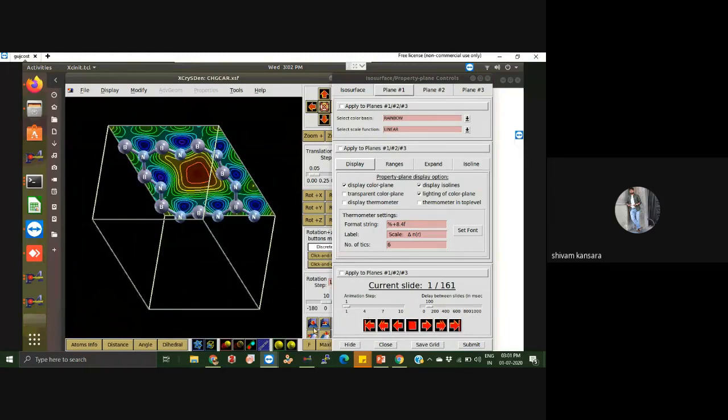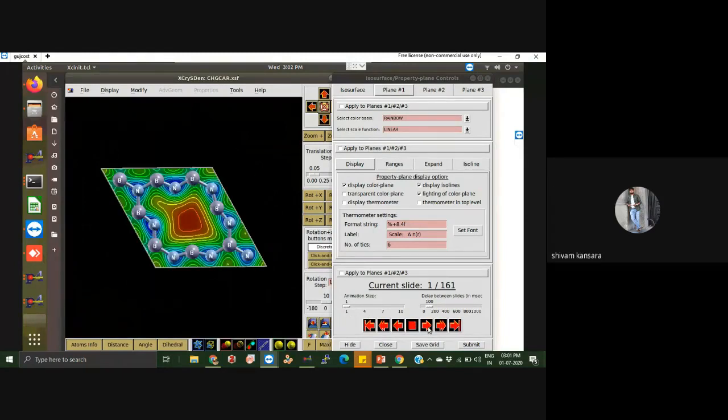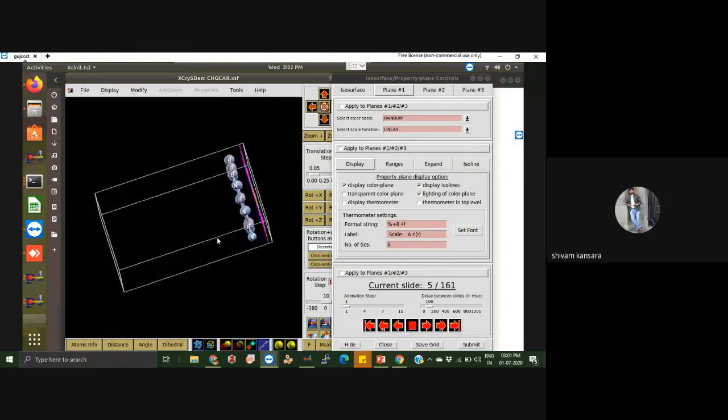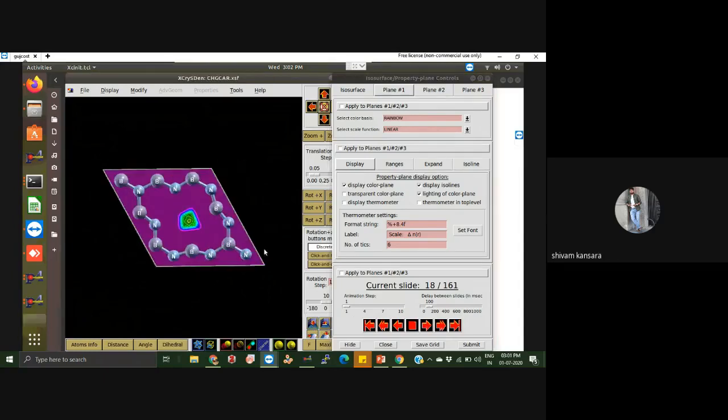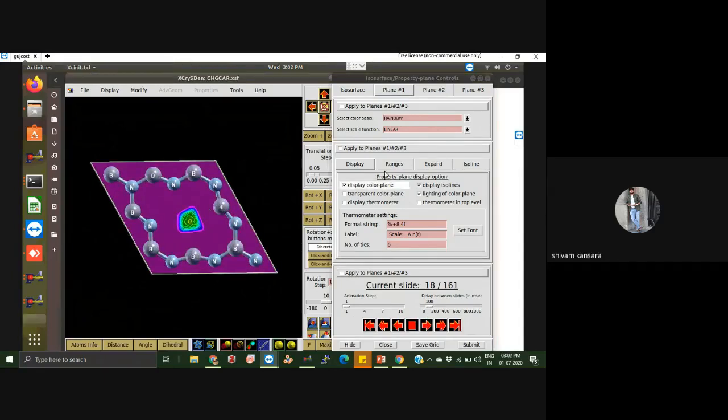Go through it slowly. You can see the charge density nearby the atom. We can stop the charge density graph when it comes between this layer. Press the button to go forward. This is the center of this layer, so this is our final charge density graph.